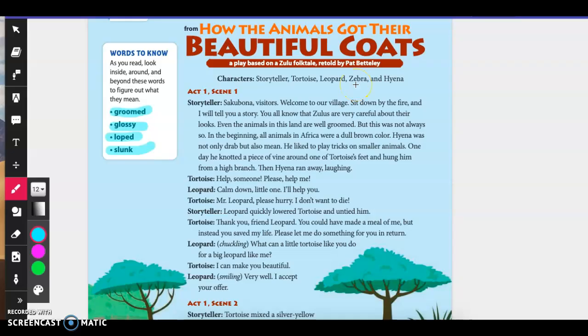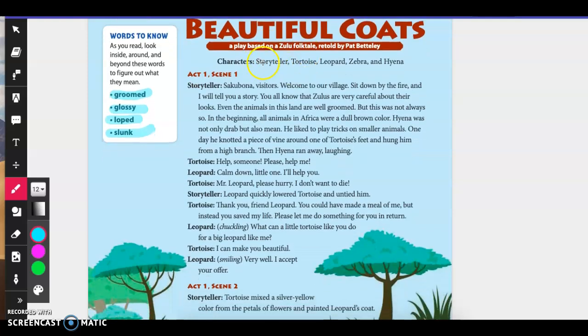So our story for today is How the Animals Got Their Beautiful Coats. And this is based off of a Zulu folktale. So the characters in our story are the storyteller, which is the narrator. Then we have the tortoise, the leopard, the zebra, and the hyena.